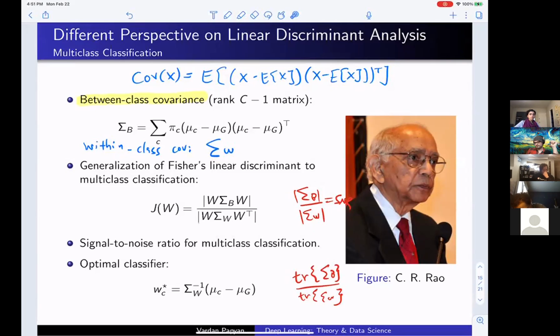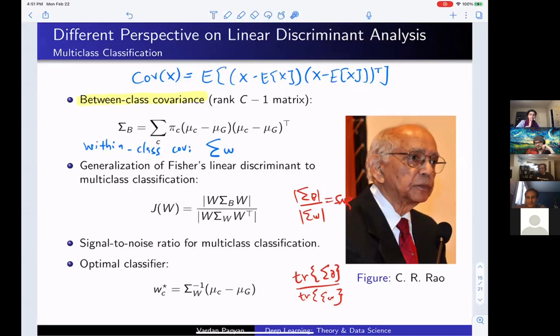Now, in this case, what is this quantity measuring? Yeah, that is correct, Amireza. But in this case, we're talking about covariance matrices, so all eigenvalues are positive, right? So Tristan says the correct answer, which is the same thing after a change of variables.